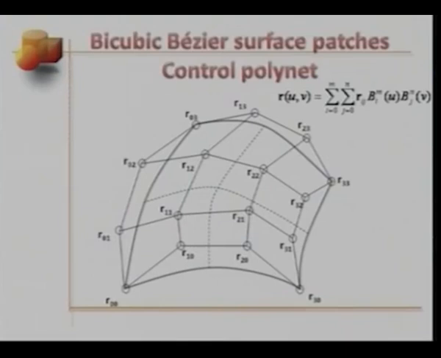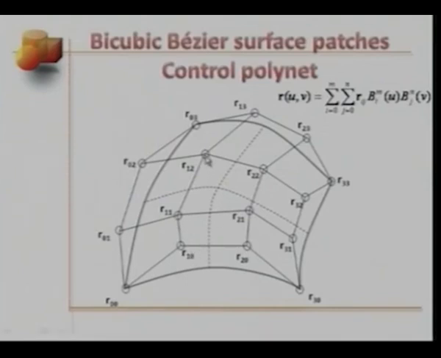From the design viewpoint, this means that this patch will be lying within the convex hull defined by this control net. Also, the overall shape of this patch will be controlled loosely by the shape of the net.